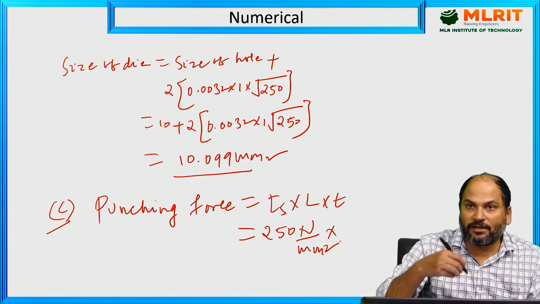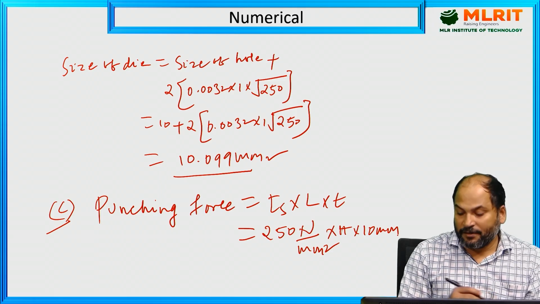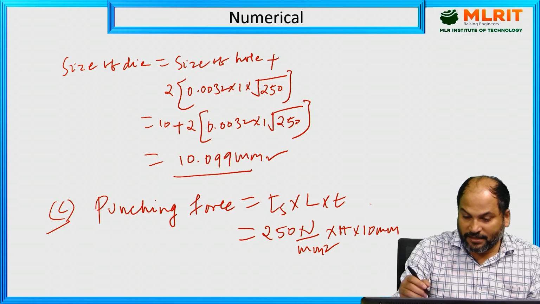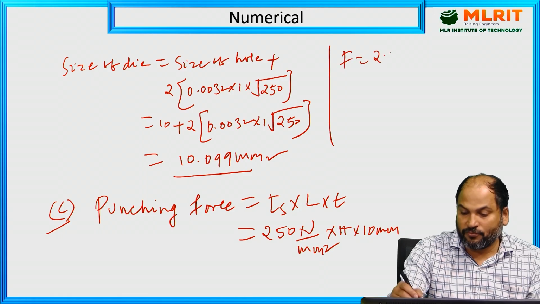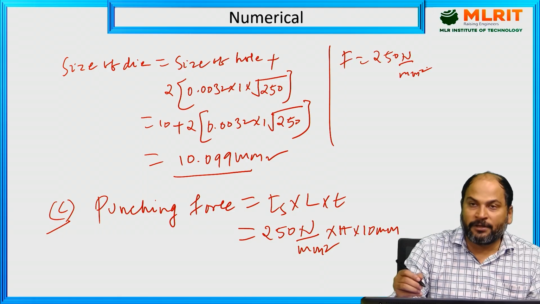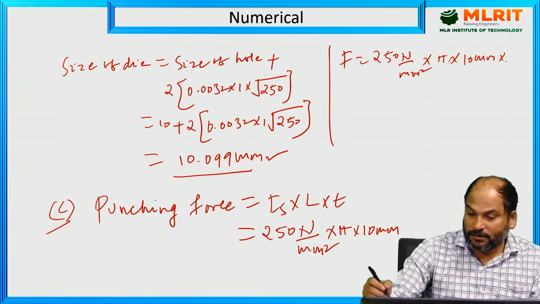For the circular disc it is pi into d, and the diameter is given as 10 mm. So F is equal to 250 Newton per mm square into pi into 10 mm into thickness 1 mm.